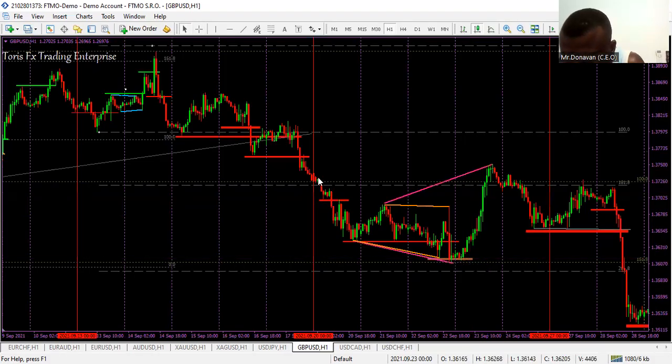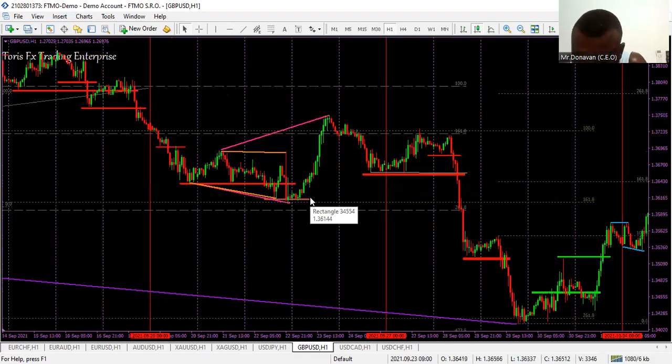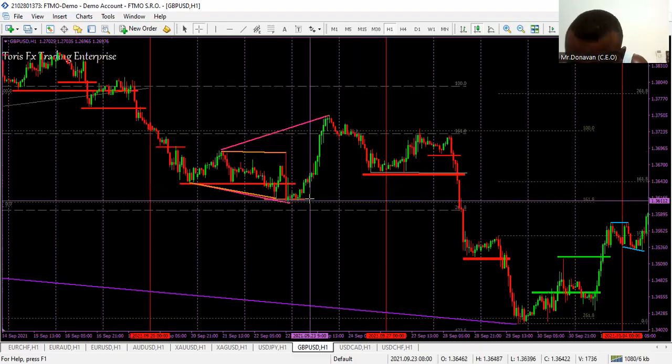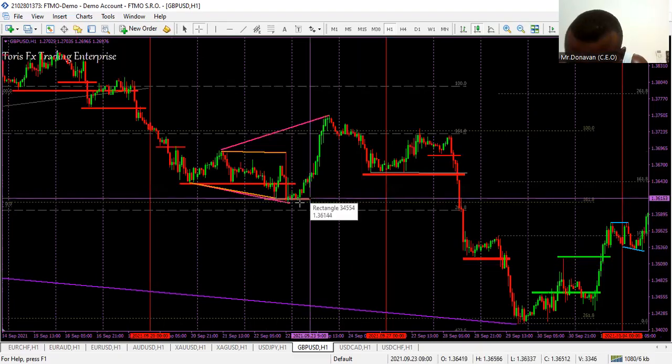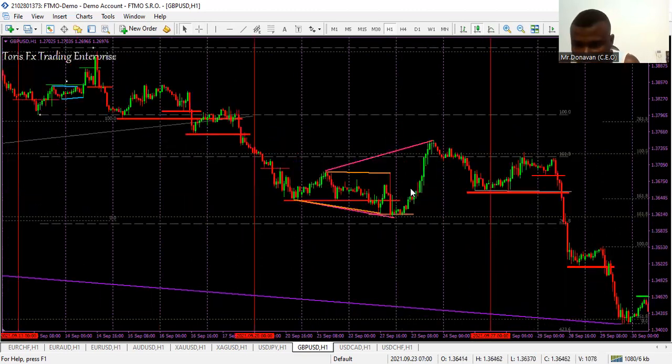Since there is not even an entry, and why is this candlestick? So let me check very well. So likely it will take you for an entry.